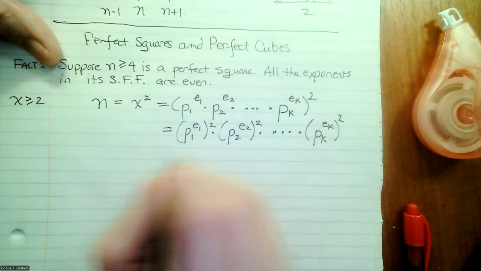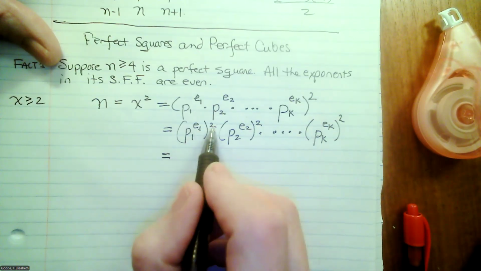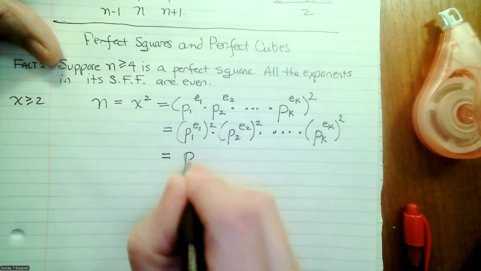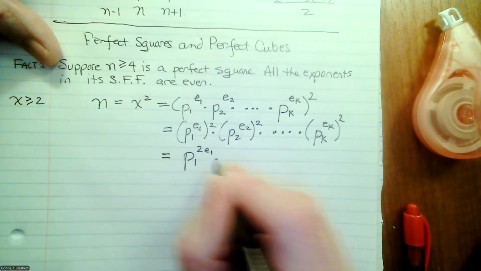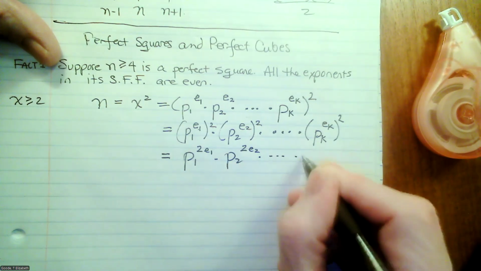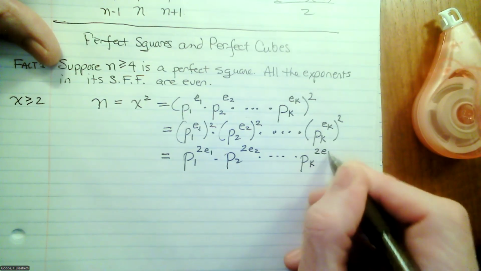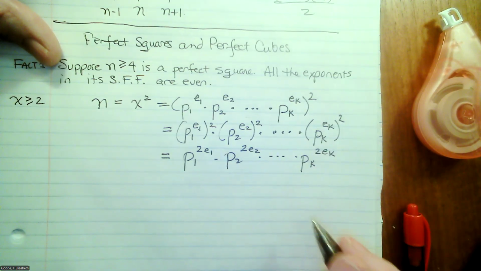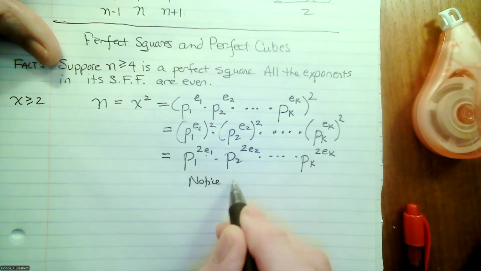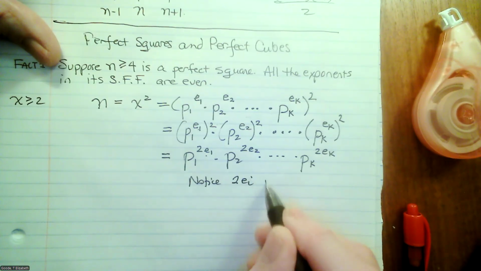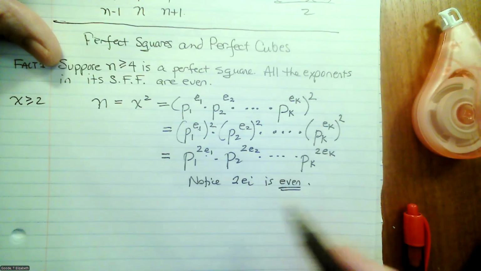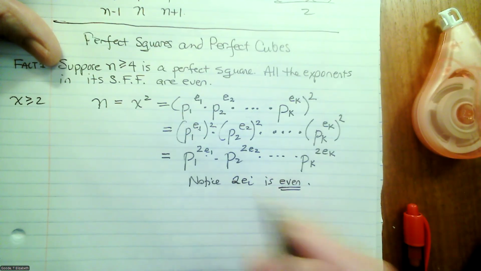Then we use the other law of exponents, a power raised to a power. What's the rule there? You multiply them. So this is p1 to the 2e1 times p2 raised now to the 2e2, up to p sub k to the 2e sub k. These are all even. Notice, 2e sub i is even, because the e sub i's are integers, and we're multiplying them by 2.